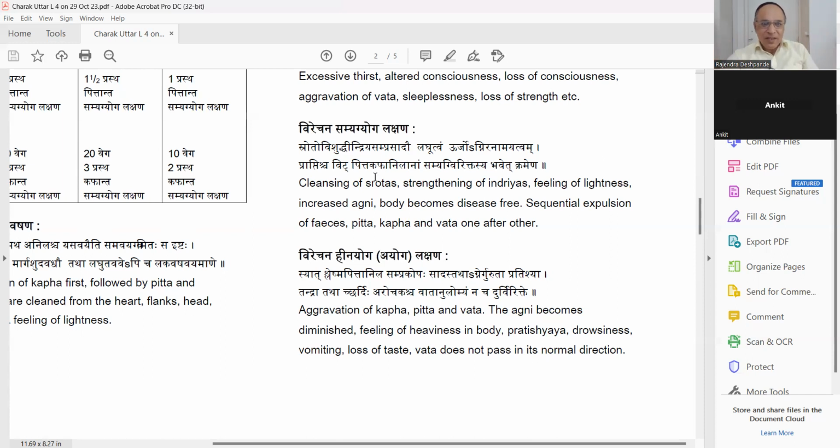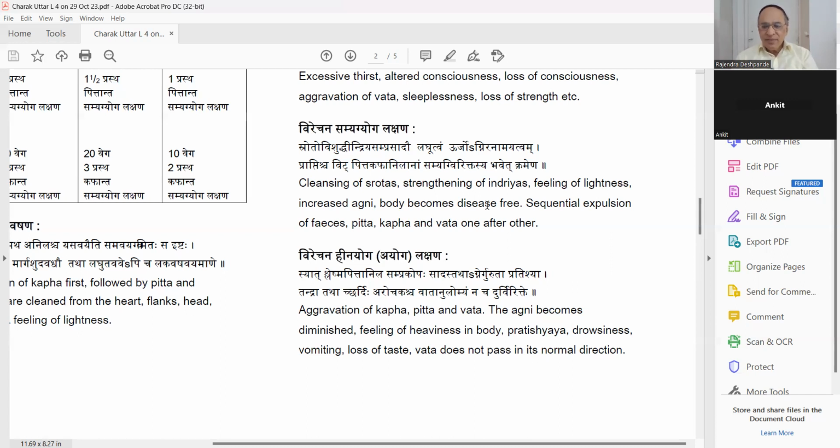Okay? Cleansing of Srotasas, strengthening the Indriyas, Jnanendriya, Karmendriya, Mana. Mana is Ubhayendriya. Which are Jnanendriyas? 5 Jnanendriyas. Shrotra, Tvak, Chakshu, Rasana, Ghrana. Shrotra, Tvak, Chakshu, Rasana, Ghrana, Jnanendriya.